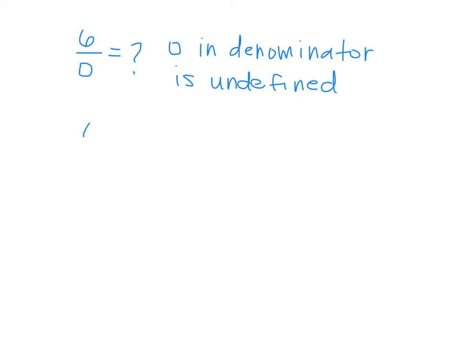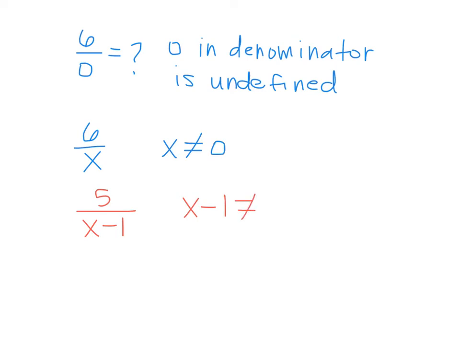Okay, so let's do an example of how we can ensure that we avoid having 0 in the denominator. Let's say we have 6 over x. All right, well, if we don't want to have 0 in the denominator of that expression, we would say that x cannot equal 0. All right, let's look at another one, and let's say we've got 5 over x minus 1. All right, well, if we want to avoid having 0 in the denominator, then we want x minus 1 to not be equal to 0.